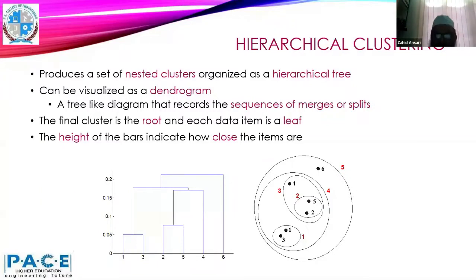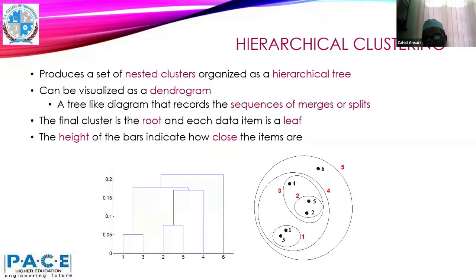If you see here, there are some 6 objects, numbered 1, 2, 3, 4, 5, 6. Based on the similarity of the objects they are merged. There is something called the dissimilarity matrix, a distance matrix, where we keep the distance of every object to every other object.